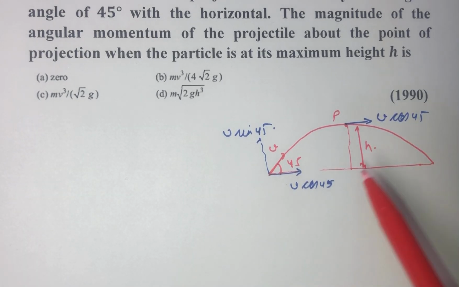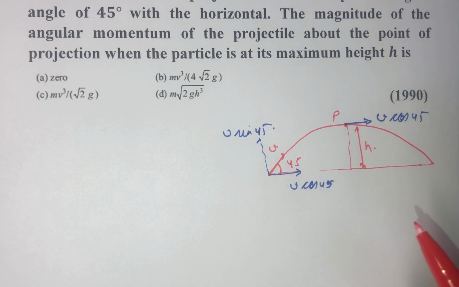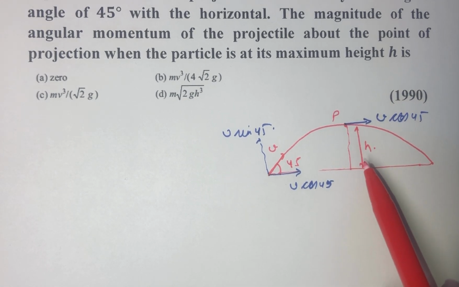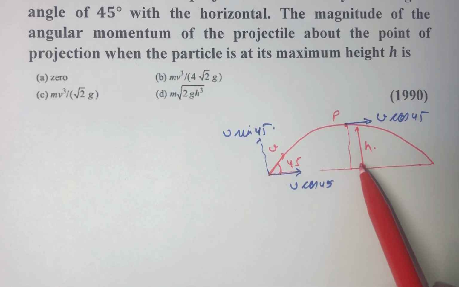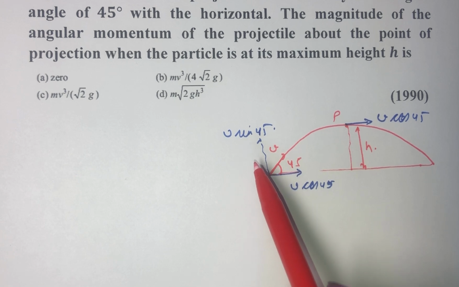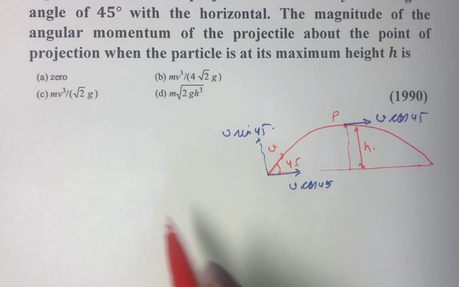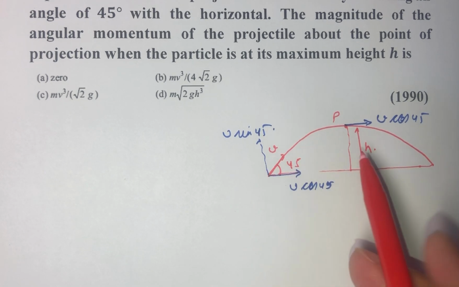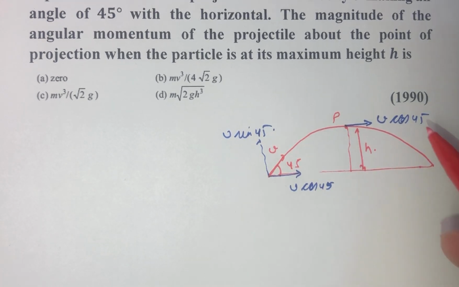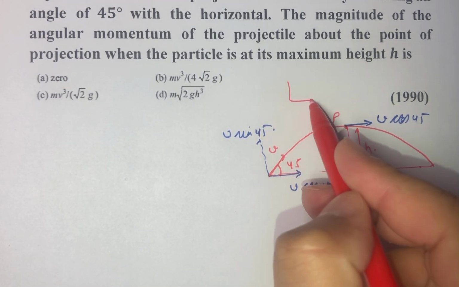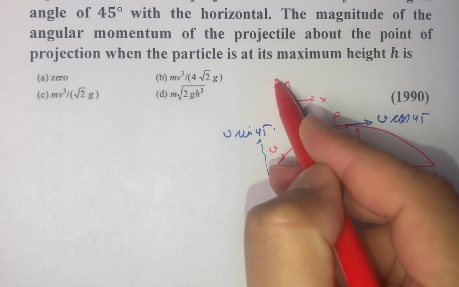So we can use a basic kinematic equation to find out the relationship between the height h and the velocity of projection, that is v. This is our coordinate system, this is our x-axis and this is the y-axis.